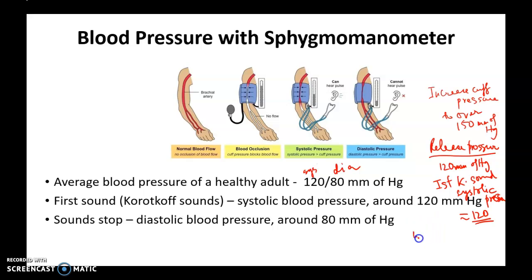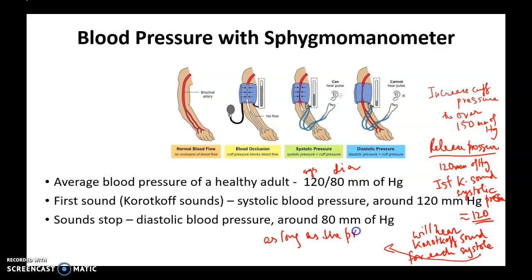So you will hear a Korotkov sound for each systole, as long as the pressure is more than 80 millimeters of mercury.